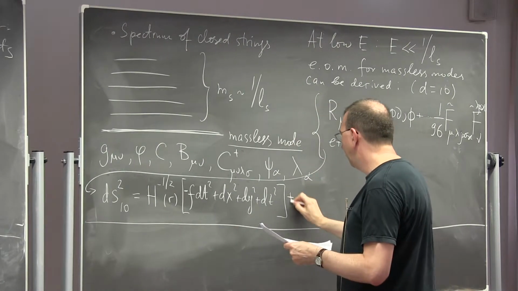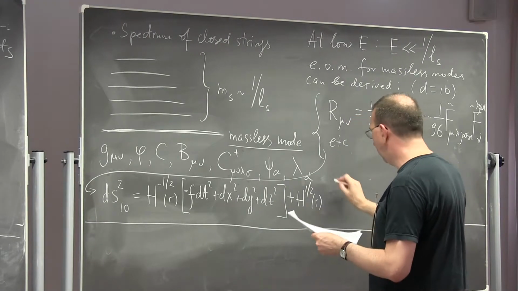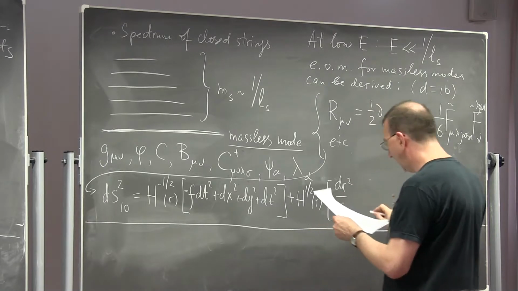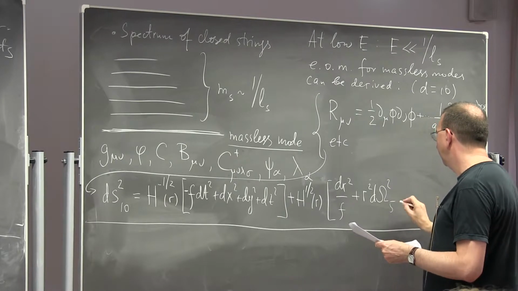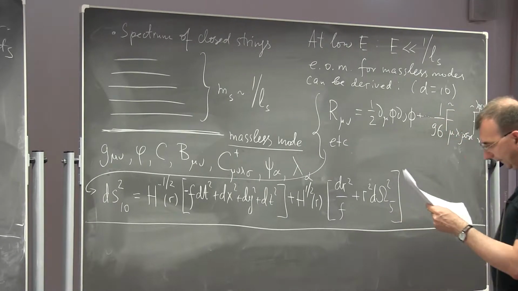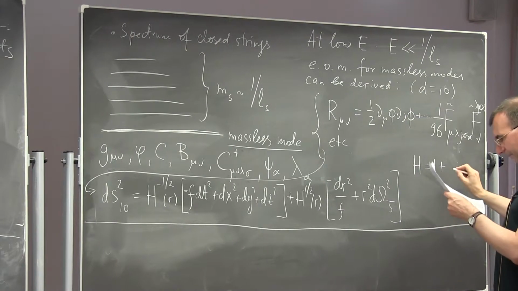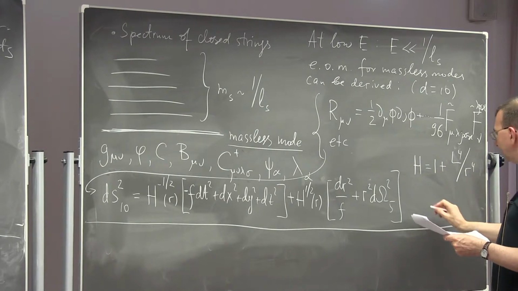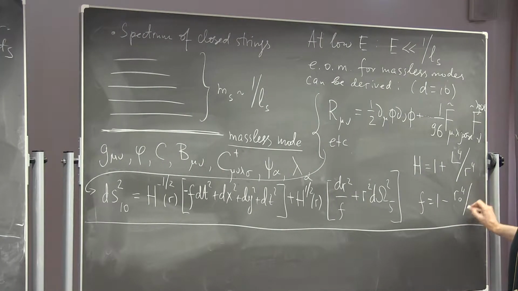And then I have plus h to the power 1/2 as a function of r, dr squared over f plus r squared d omega 5 squared. And here h is a function 1 plus L to the fourth divided by r to the fourth, and little f is 1 minus r naught to the fourth divided by r to the fourth.